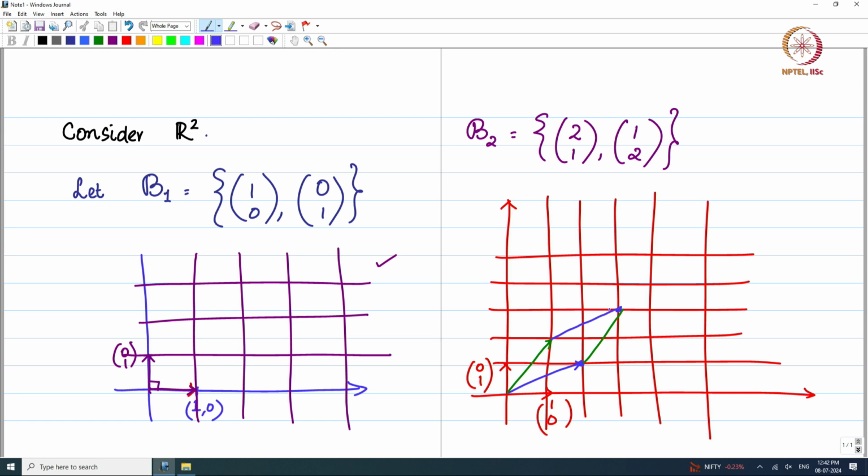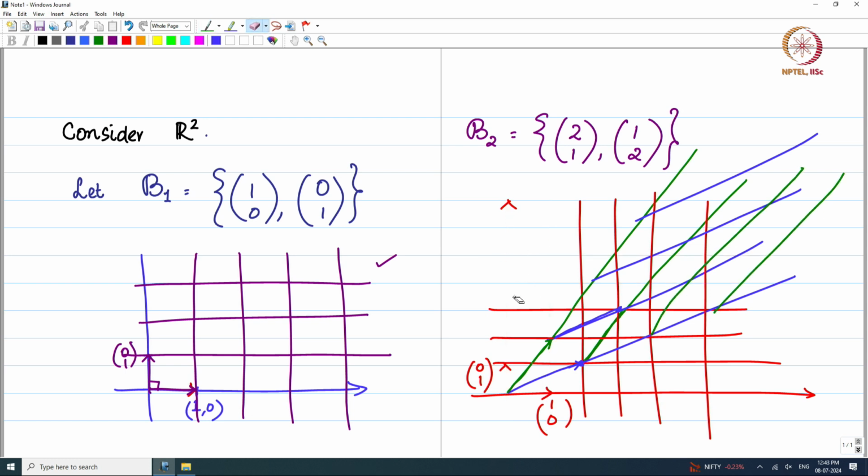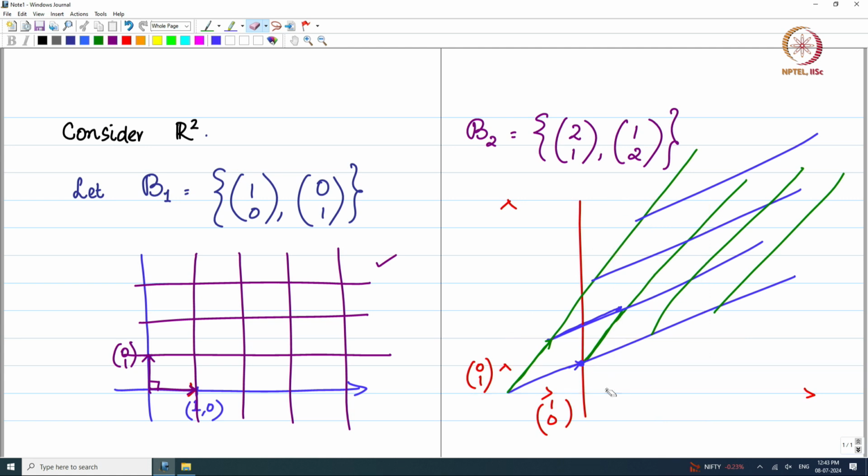We will see that the new graph is going to look like tiles of parallelograms. So, I am just going to draw a few more of these, here, here, and so on. If I erase the standard basis, the new graph is going to look something like this.